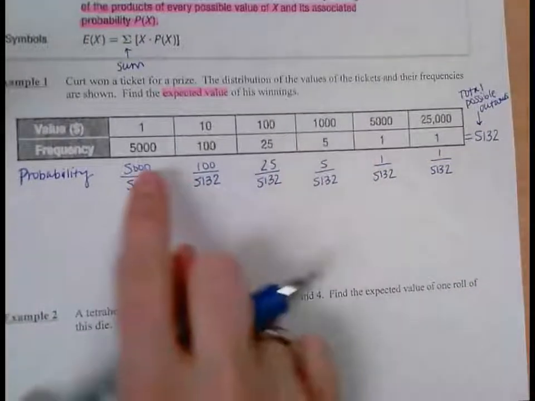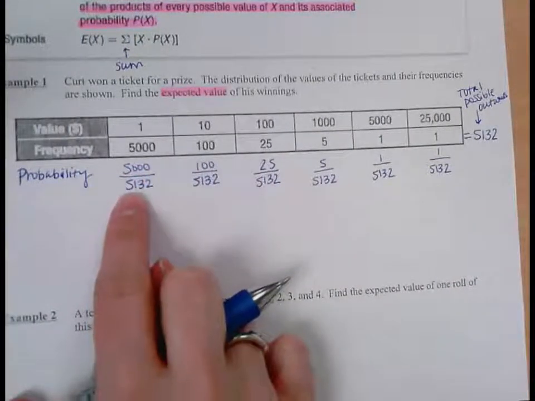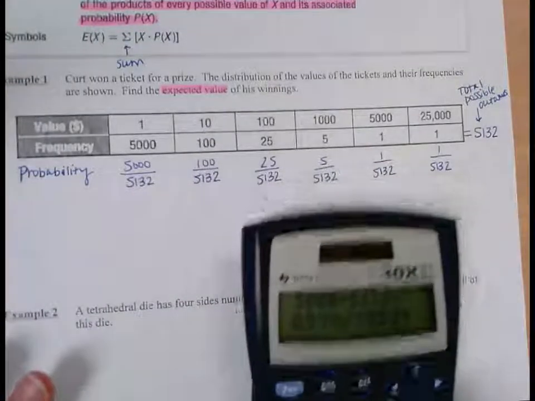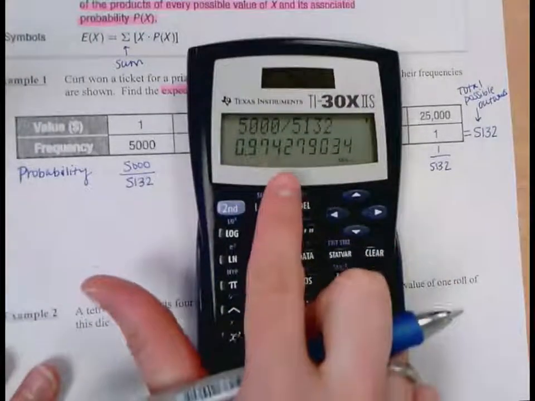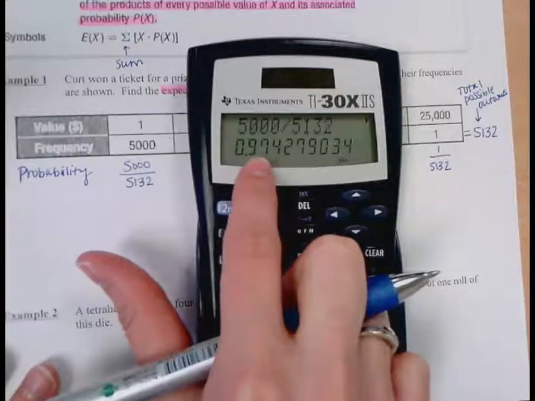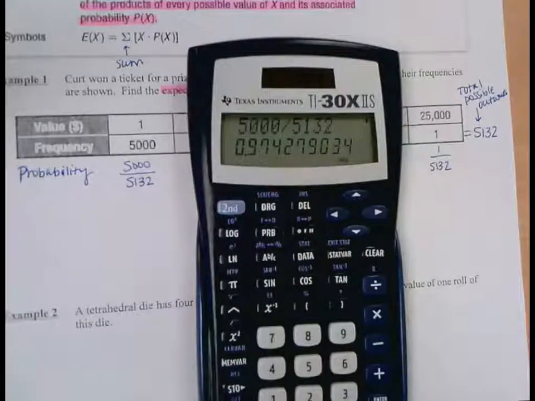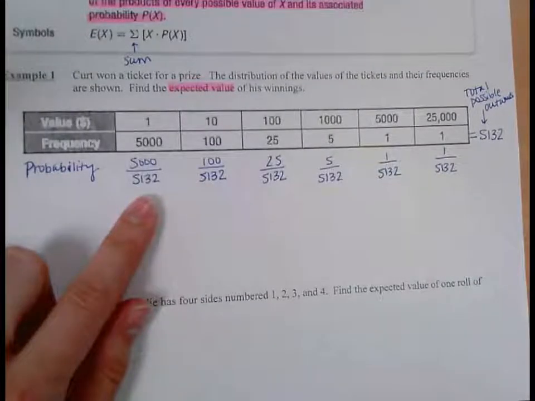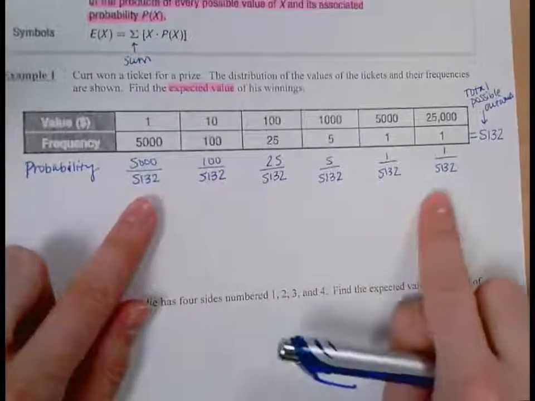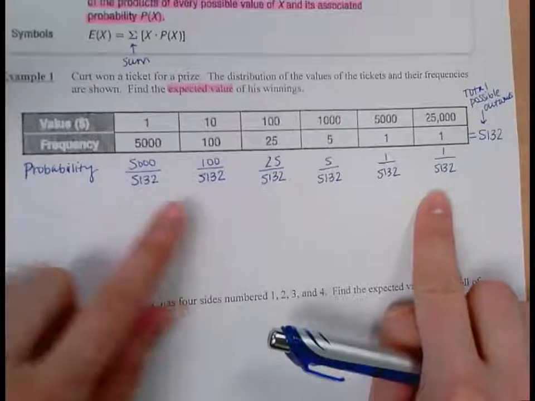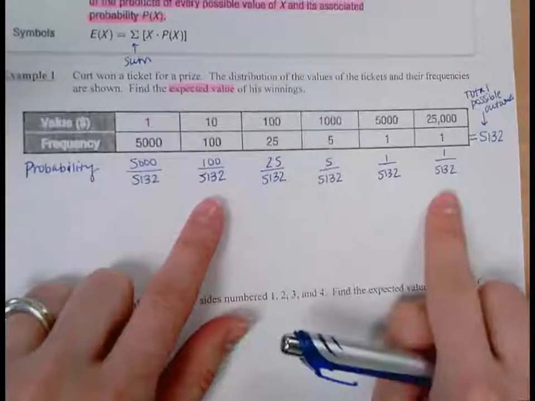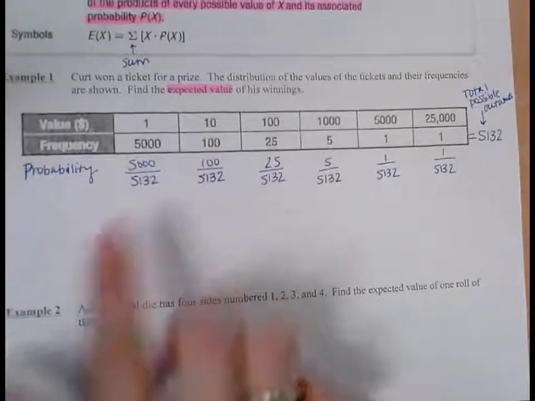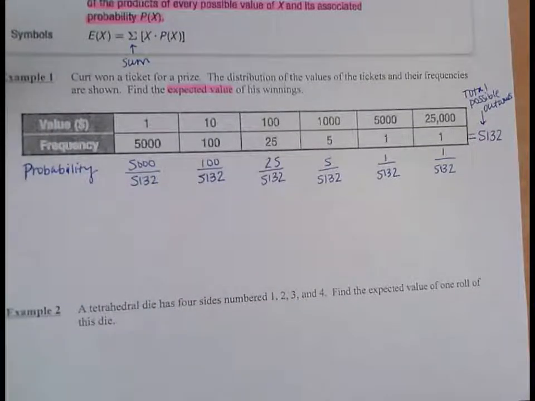So if we actually divided these, you can see still from when I calculated that, you have about a 97.5% chance of winning $1, meaning the remaining 2.5% of your chances are winning $10 or more. But a 97.5% chance that all you're going to win is $1 is what that would mean.